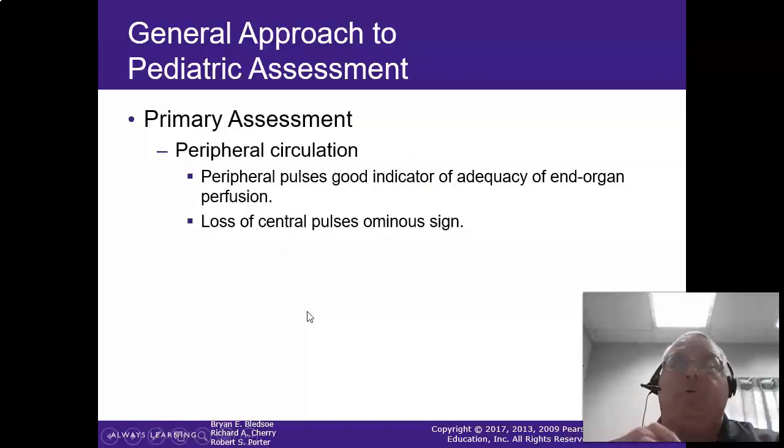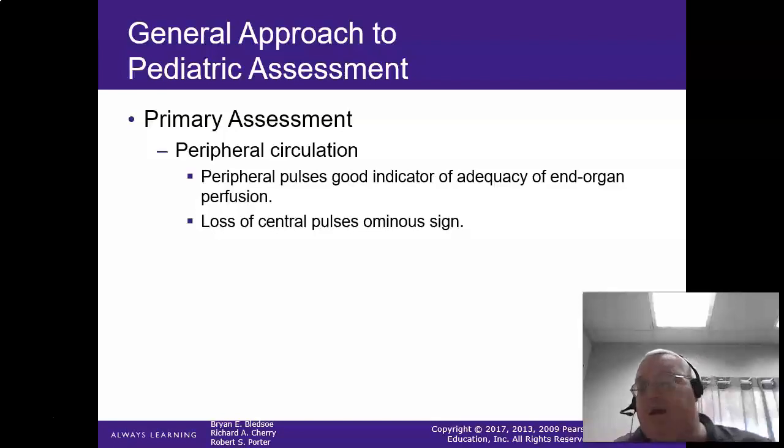All right? Peripheral pulses are a good indication of end-organ perfusion. So if I lose my distal pulses, I'm kind of worried, okay? If I can't feel a central pulse, which is usually a brachial or a carotid or a femoral, yeah, we've got a major issue. The little tiny babies, again, it's the brachial, all right?